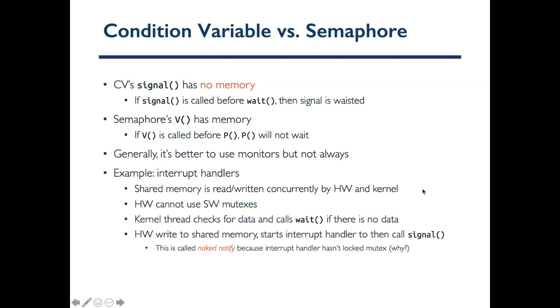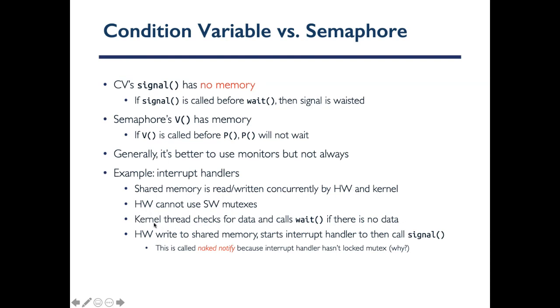I think I confused everyone when I said something about code. Let's say the hardware that I'm talking about here is basically, what I mean is the interrupt handler. So let's say there is a kernel thread, which might be the device driver, and then the hardware is basically using the interrupt handler code. So there's an interrupt handler code, and then there you have your kernel thread. Now the interrupt handler cannot use the mutex. We talked about that.